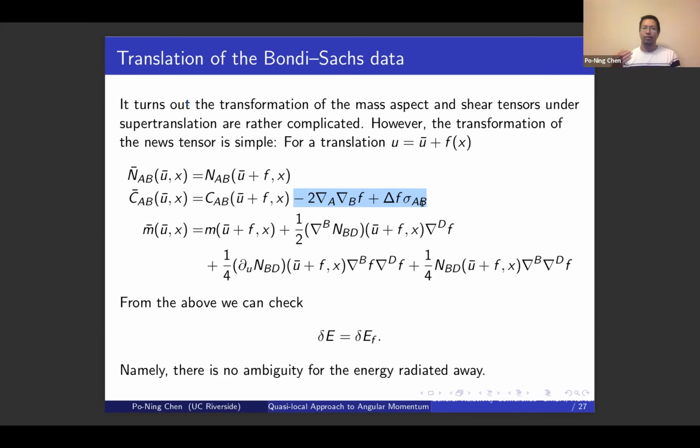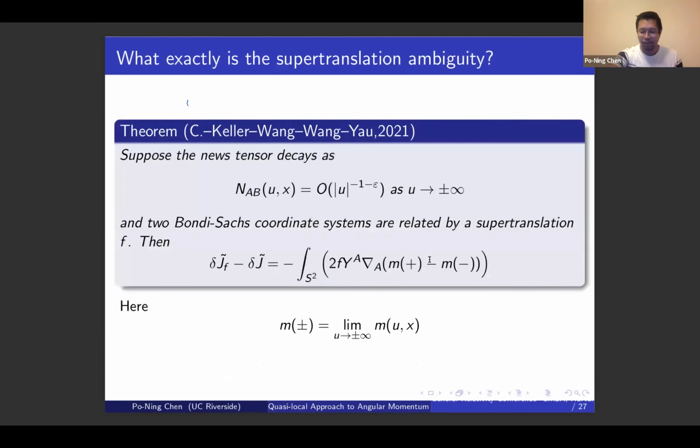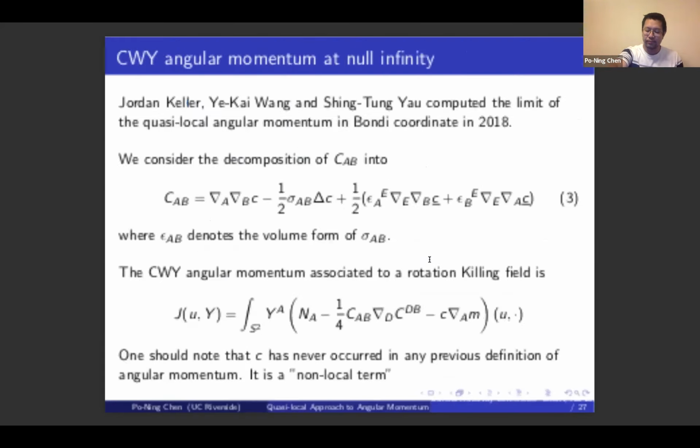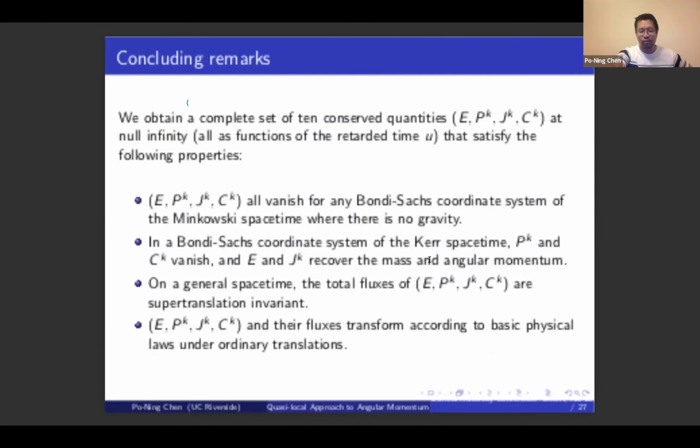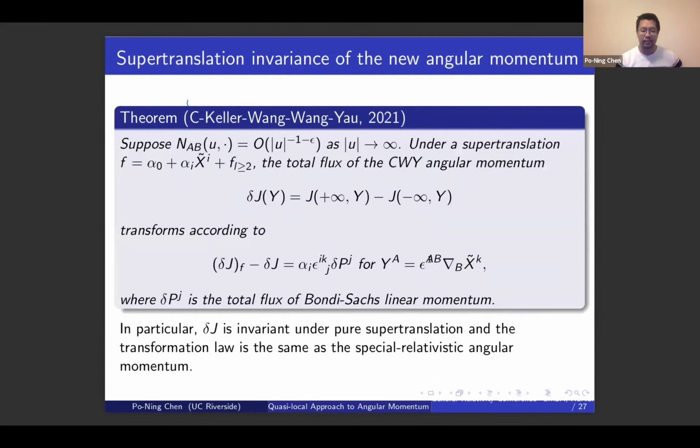So really, when you do a supertranslation, the potential at plus and minus infinity just changes by f. And that term precisely would offset this supertranslation ambiguity in your standard definition. From here, it's quite a straightforward argument to see that the new angular momentum we define is supertranslation invariant.